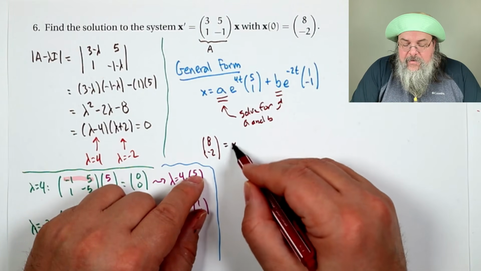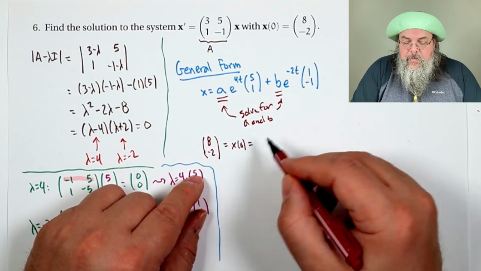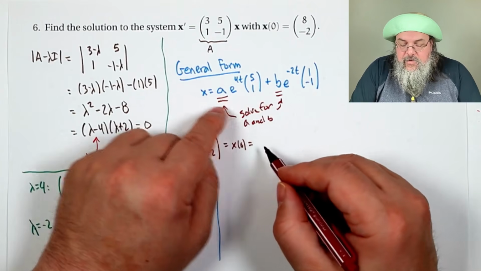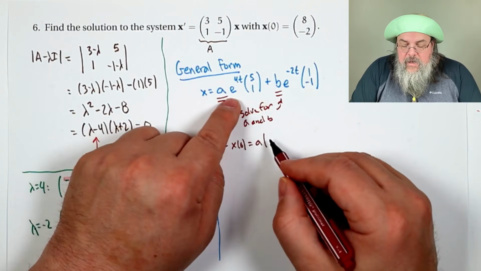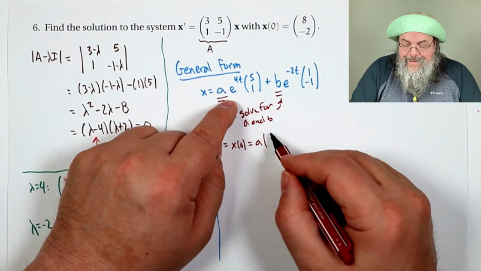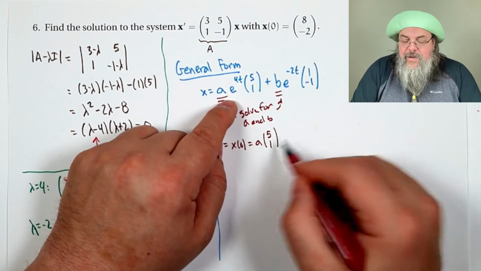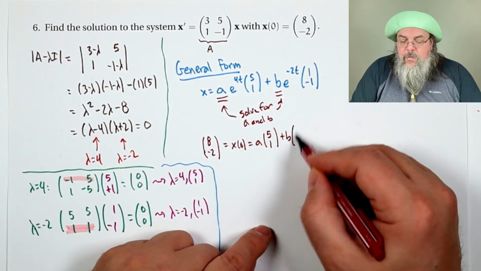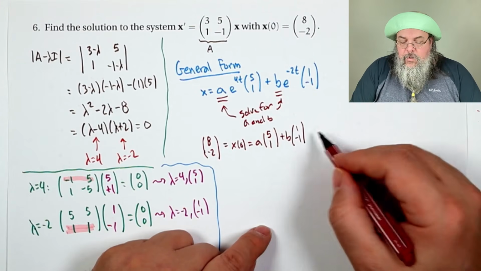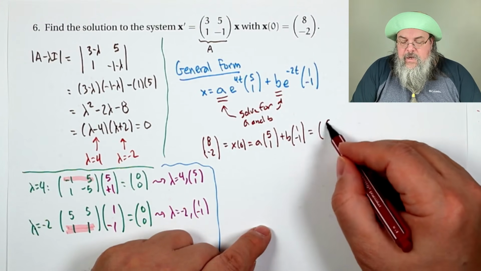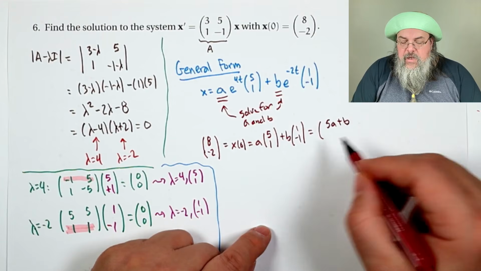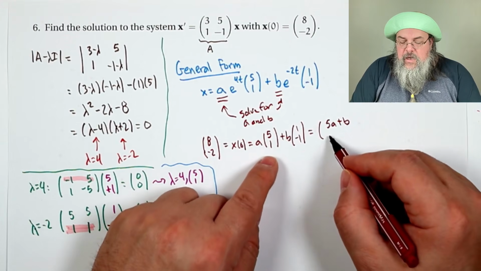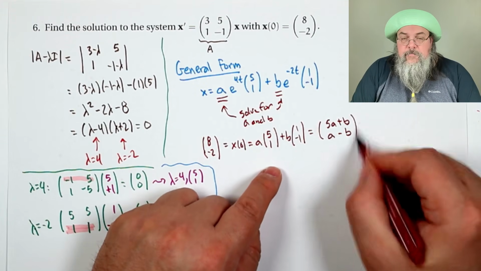That is our x of 0 is equal to, plug in t equals 0. A, and e to the 0 is 1. It's a very convenient number. So a times (5, 1) plus b, e to the 0 is again 1, (1, -1). Or we get 5a plus b and a minus b.